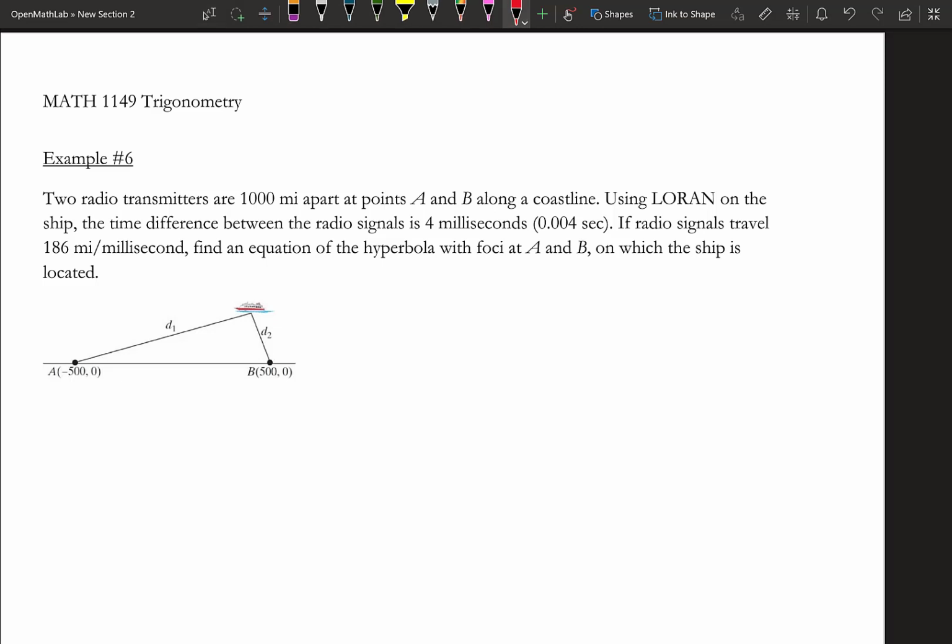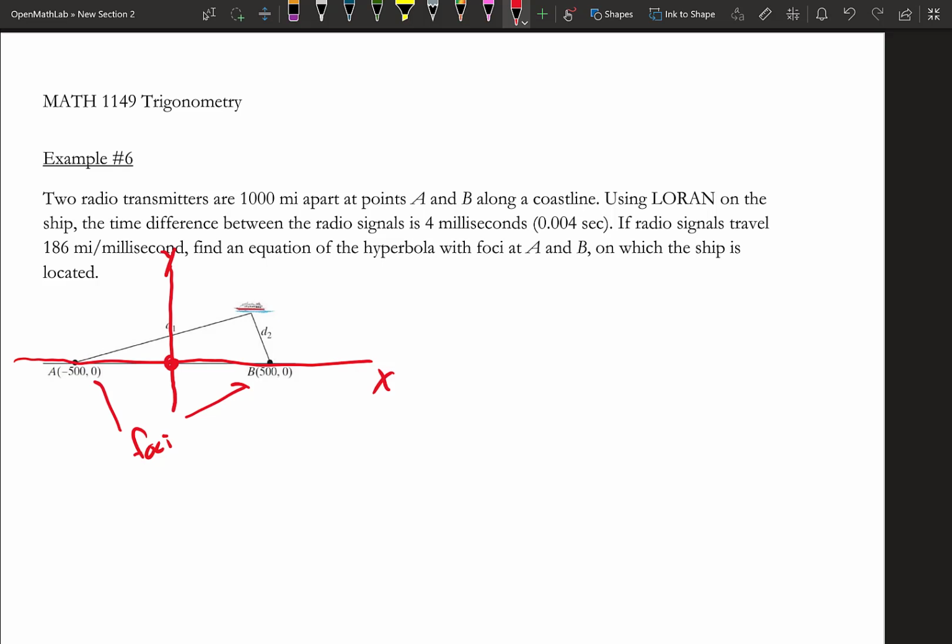Right, so essentially notice that A and B have coordinates negative 500, 0 and 500, 0. Remember, those are the foci. Since those are the foci, if we treat this line like the x-axis, then somewhere in the center here is going to be the y-axis, where that points to the origin, right?